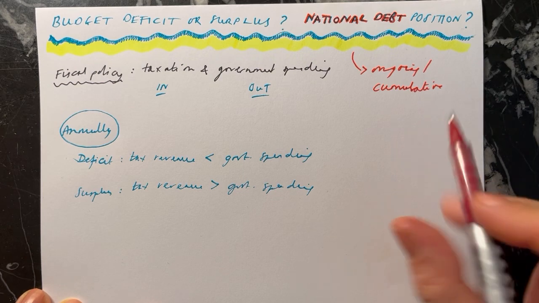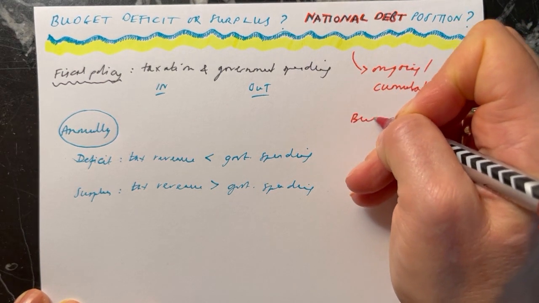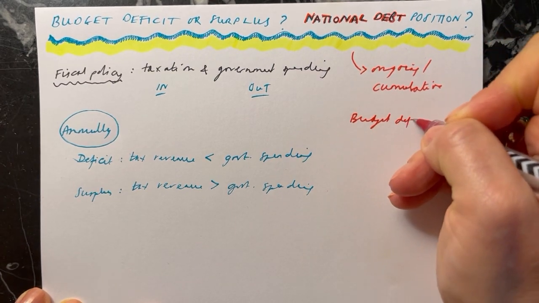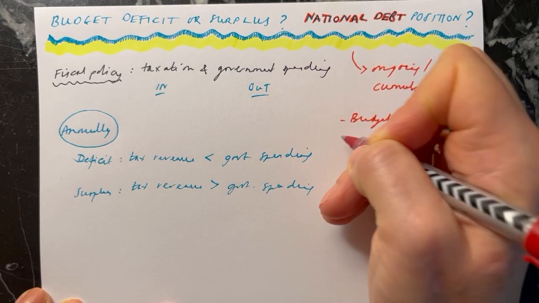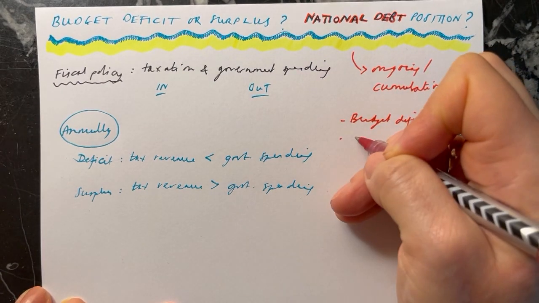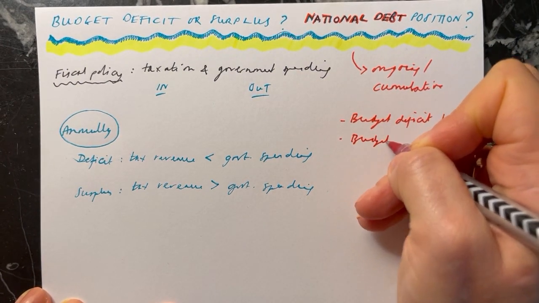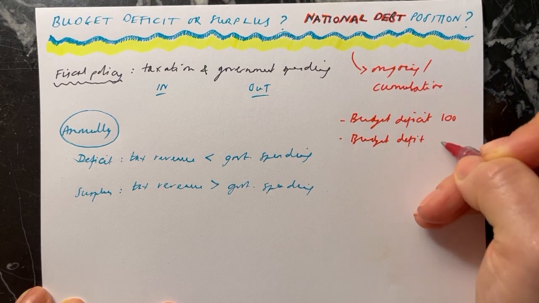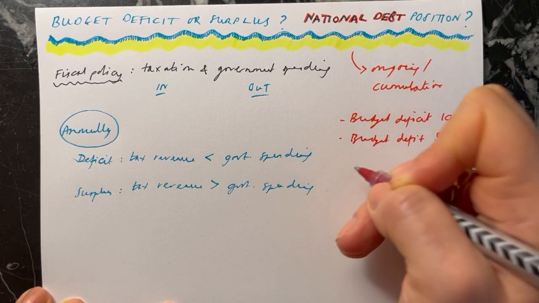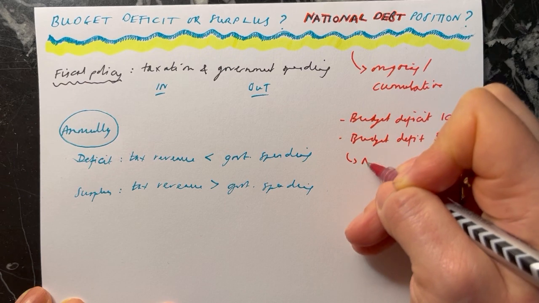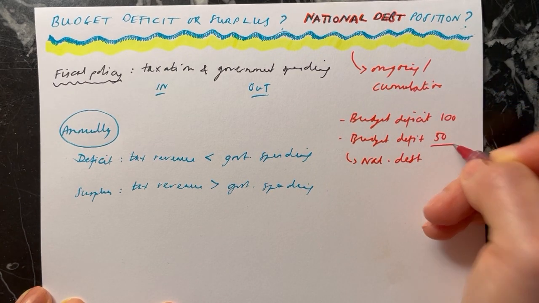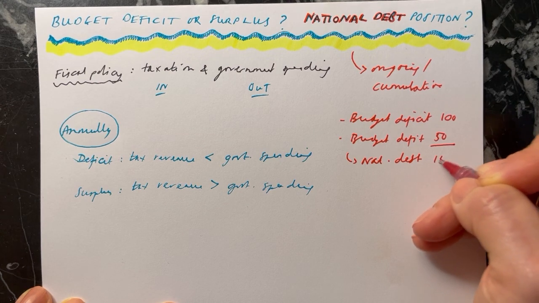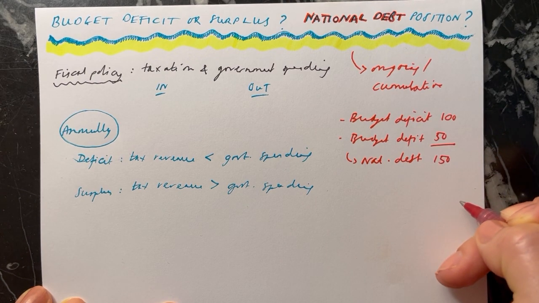So if in one year we had a budget deficit of 100, if in the next year we have another budget deficit of 50, this means that our national debt is now, if these are the only 2 years we've ever had, 150.